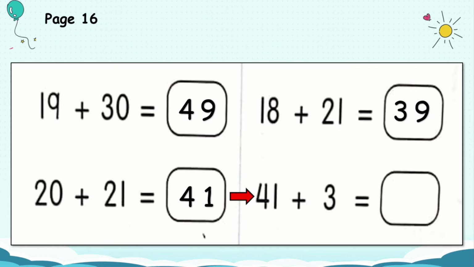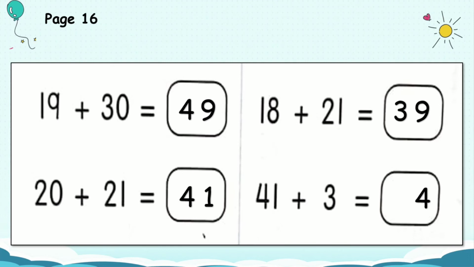Now let's see the next one. 41 plus 3. The ones here are 1 and 3. 1 plus 3. Let's count together. 1, 2, 3, 4. Very good. 4.